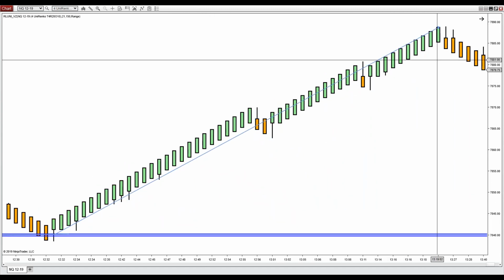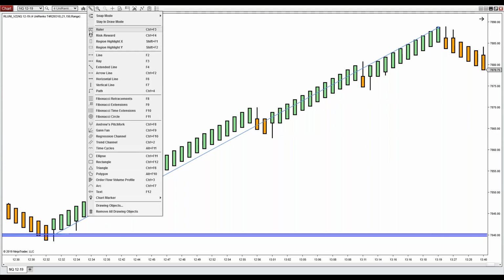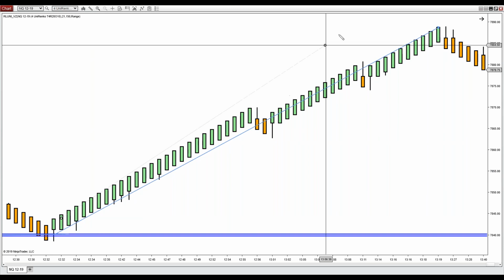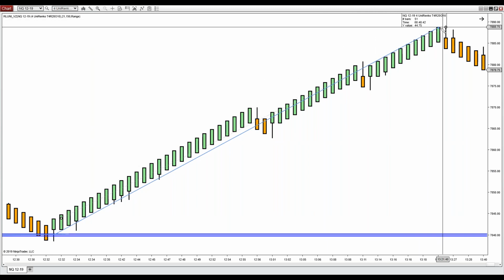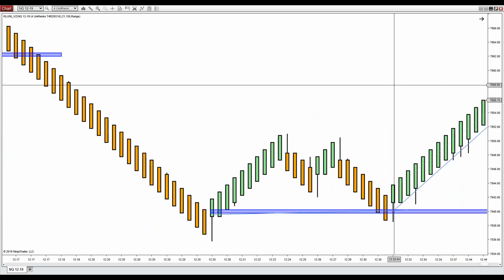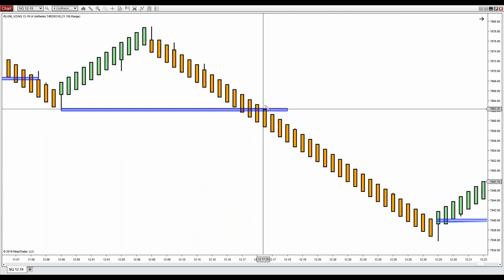I mean, that's all you need. You need this one trade, and this went 144 points. I'll take a 144 point trade.